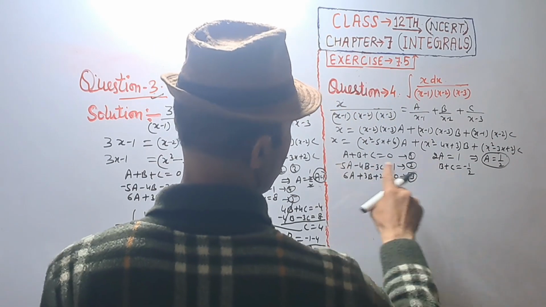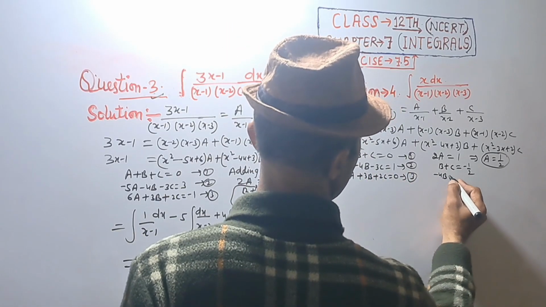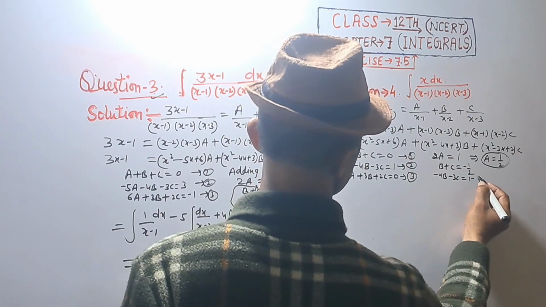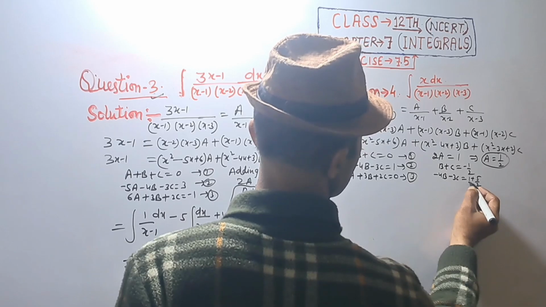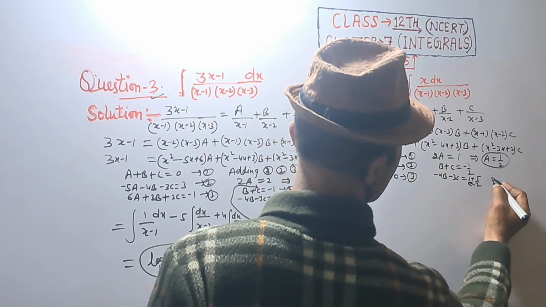And minus 5 upon 2: minus 4B minus 3C is equal to 1 plus 5 upon 2, that is 7 upon 2.